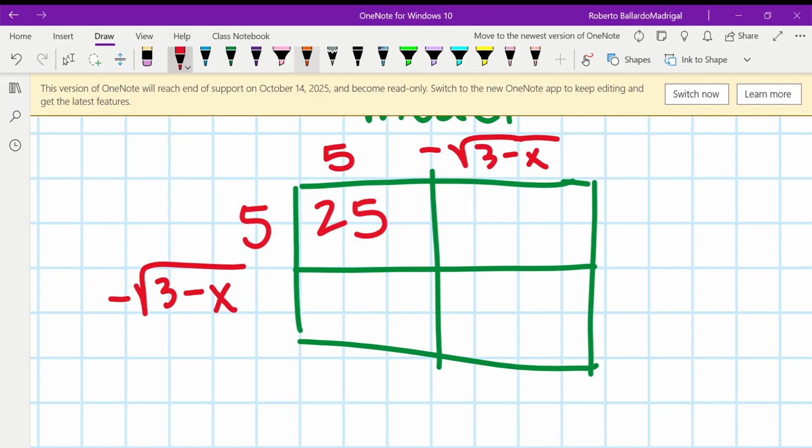We have whole number 5 multiplying with a radical. We can't really multiply whole numbers and radicals, so we'll just rewrite it, putting it together. So this will give us negative 5 radical 3 minus x. And we have the same thing here, 5 and negative radical 3 minus x, so that'll also give us negative 5 radical 3 minus x.